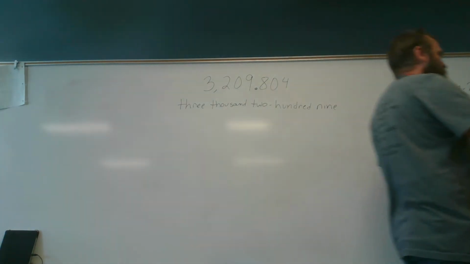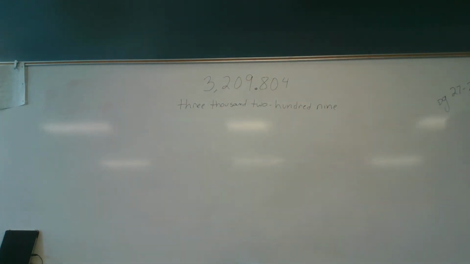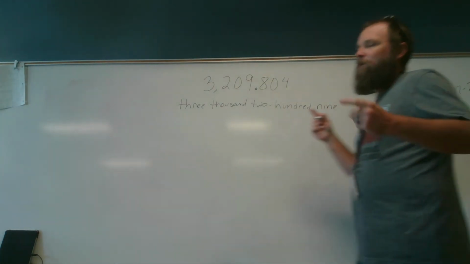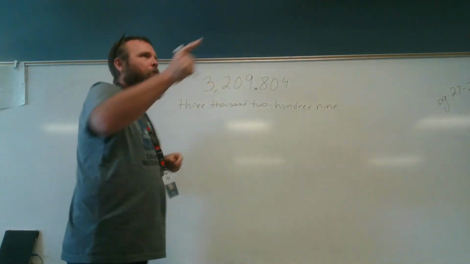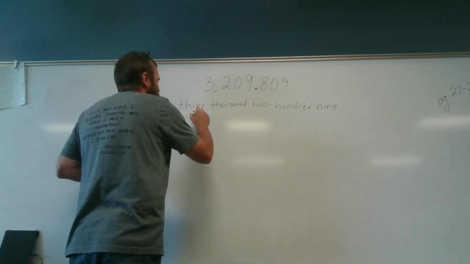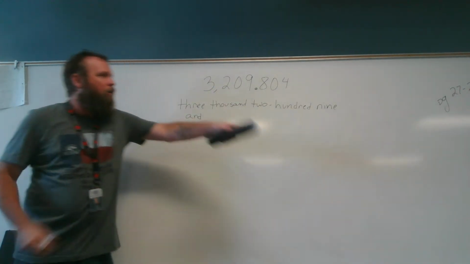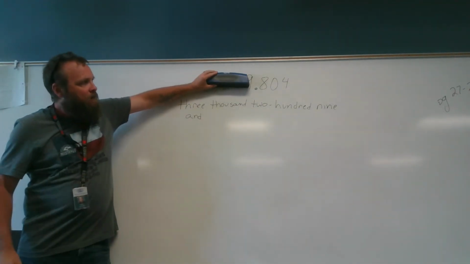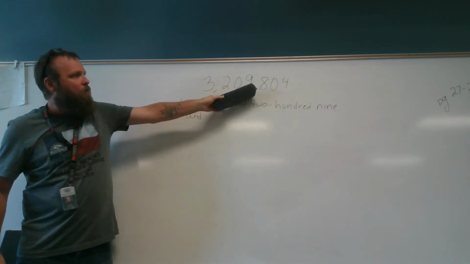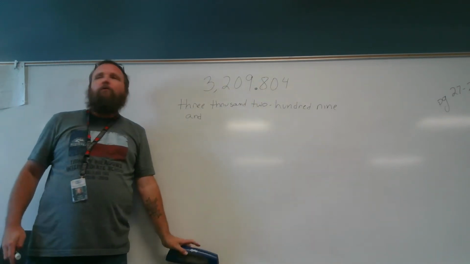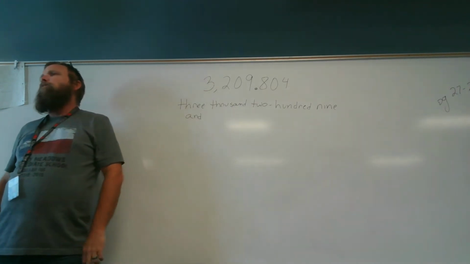What do we write when we get to the decimal point? And. If you didn't remember that, it is written up over there. And. Now, Brooklyn, we look behind the decimal point. So ignore the decimal point and everything in front of it. What number do we have?